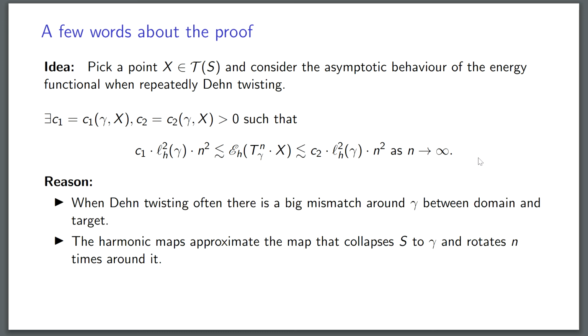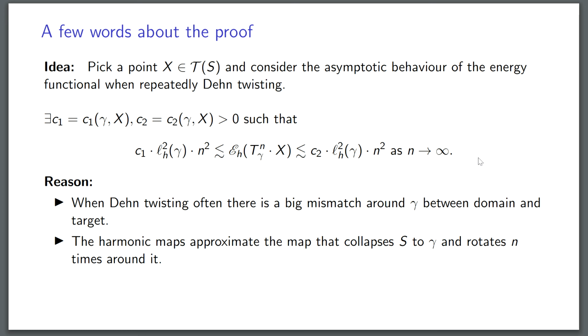The reason for this is as follows. When you start Dehn twisting often around gamma, we obtain a very big mismatch between the structures of our domain and our target. In particular, around gamma, the domain and target look very different. This means that any harmonic map will have to have a very high energy, which harmonic maps do not quite like because they are energy minimizing maps.